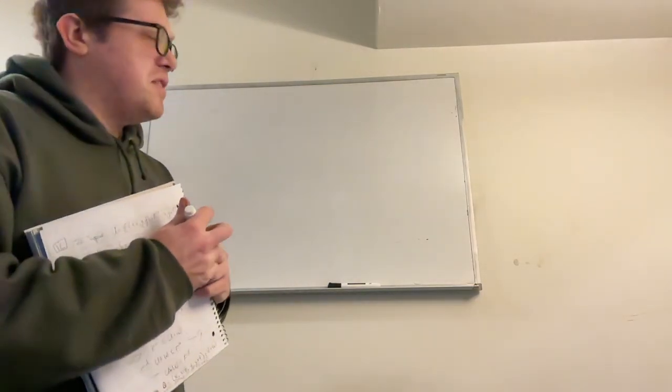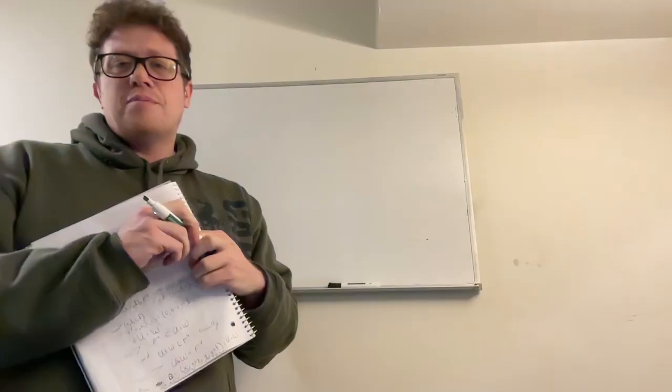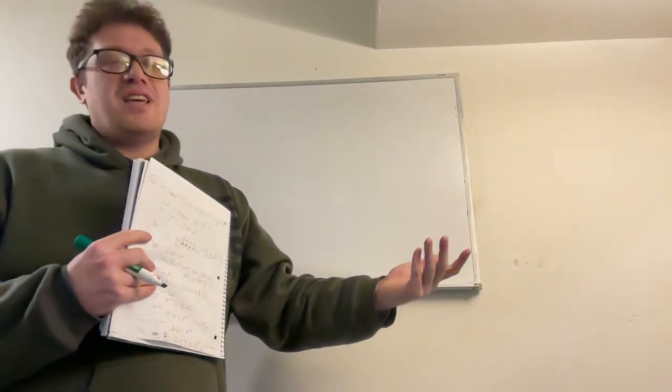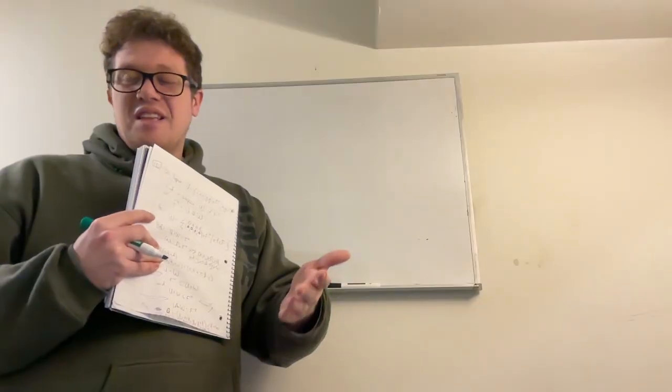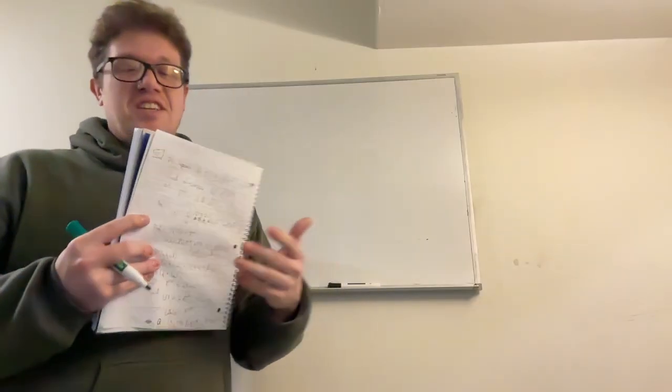Let's see. Okay, so this is just a quick definition. What does it mean for an abstract vector space to be finite dimensional? He actually defines finite dimensional before he defines the actual number, the dimension, so that's kind of interesting.